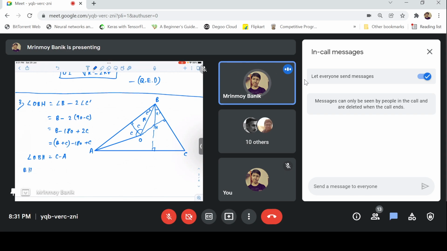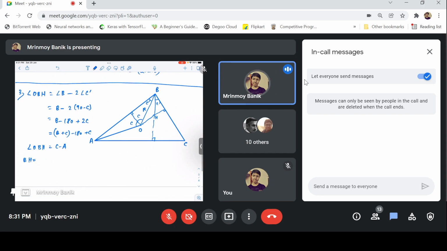And to find BH, we can use this triangle, I guess. So this is C. This is a from triangle ABD, which is a right triangle.